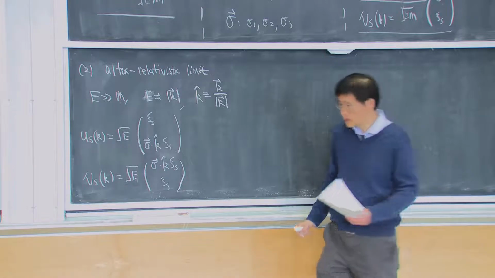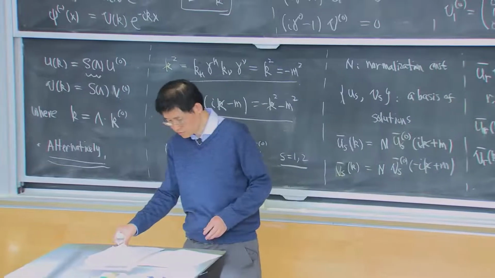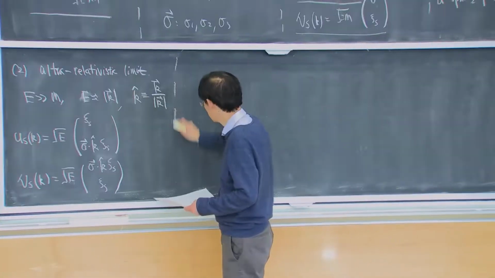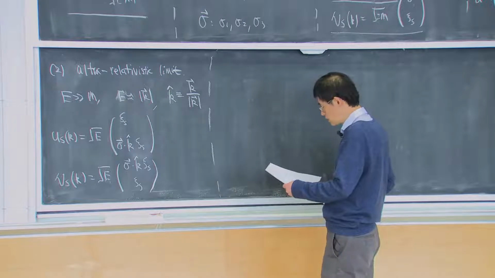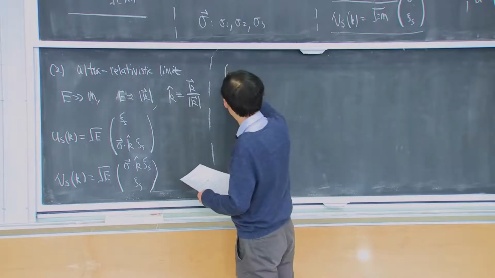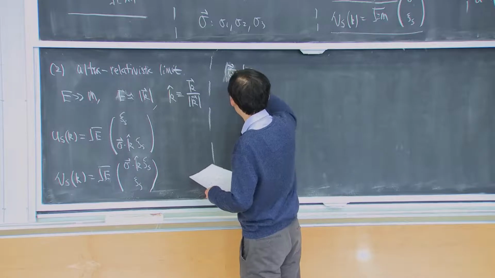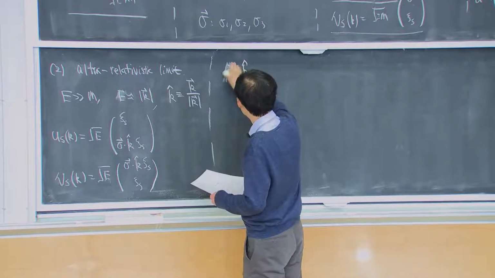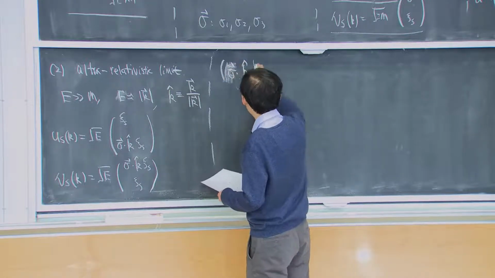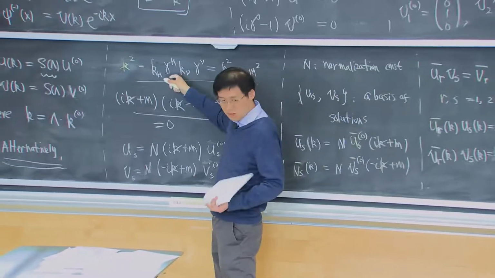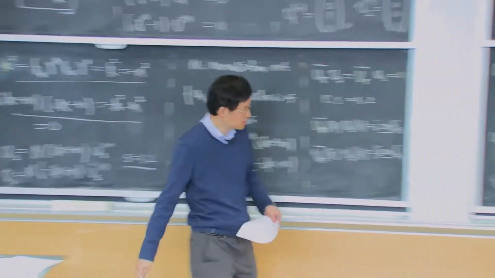This can be seen as follows. Use the identity (sigma dot k) squared, which is the analog of this equation for the Pauli matrices.